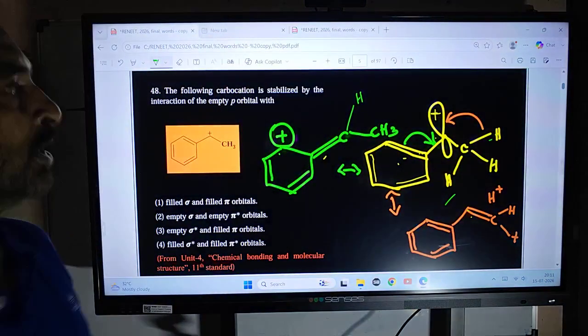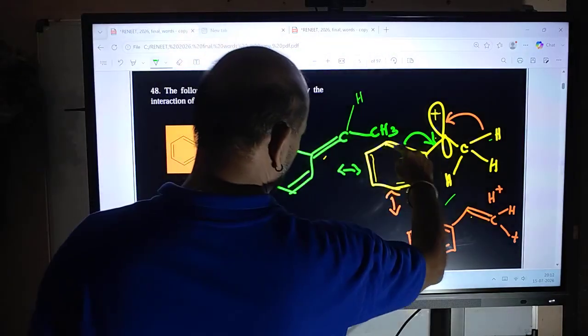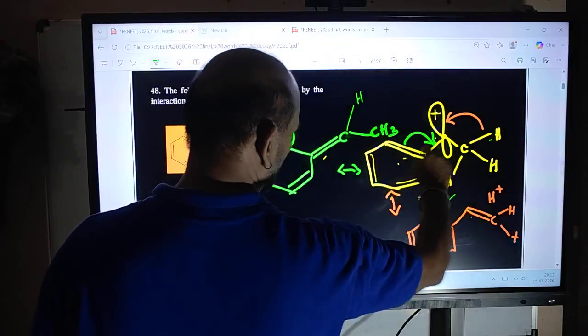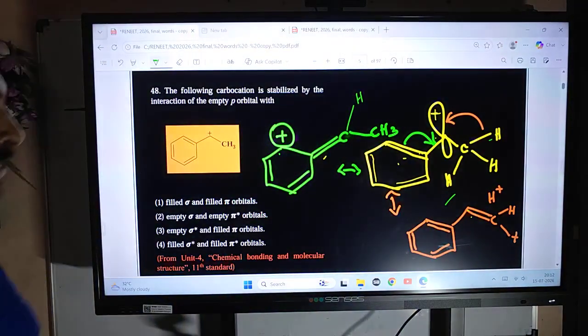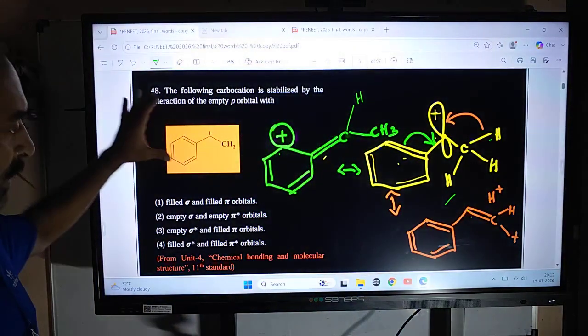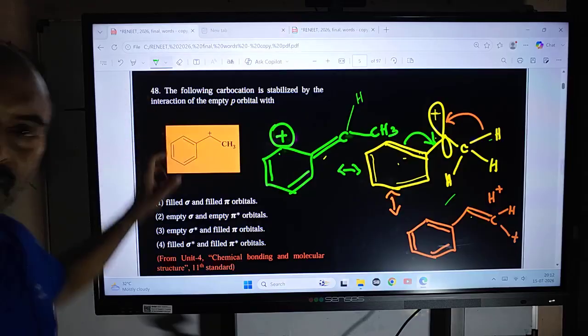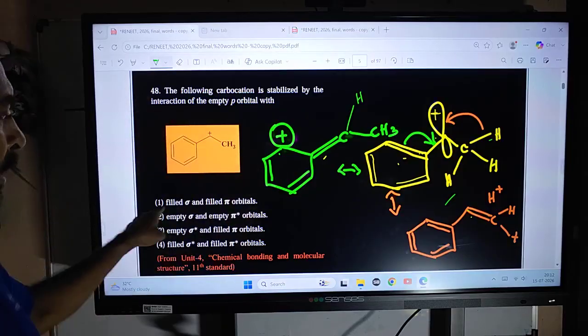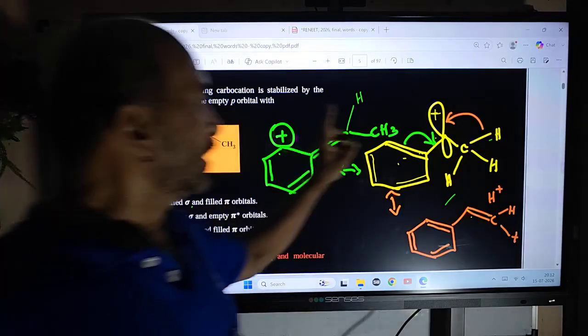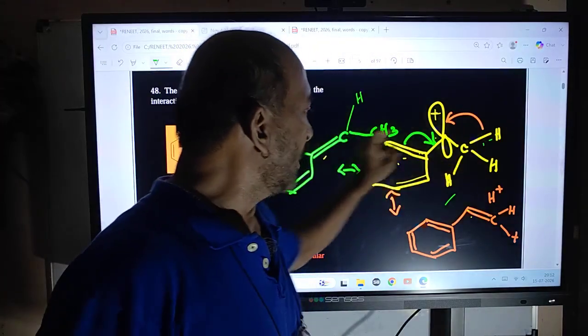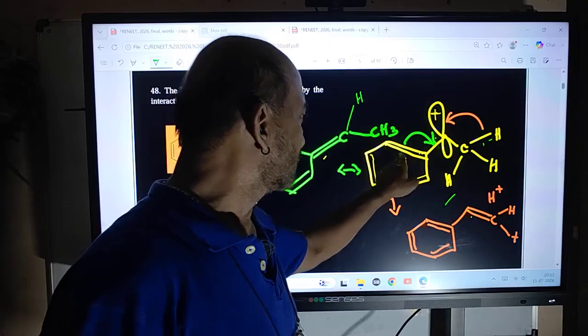It can either collect this pair of pi electrons or collect this pair of sigma electrons. So we can say that this aromatic carbocation gets stabilized by a filled sigma and a filled pi orbital. Filled sigma is this and filled pi is this.